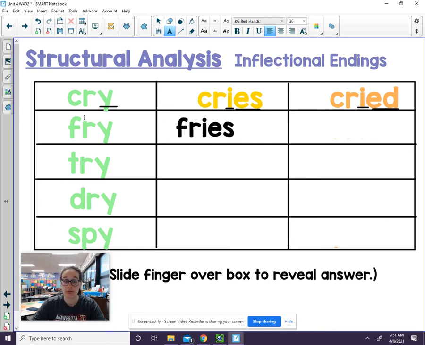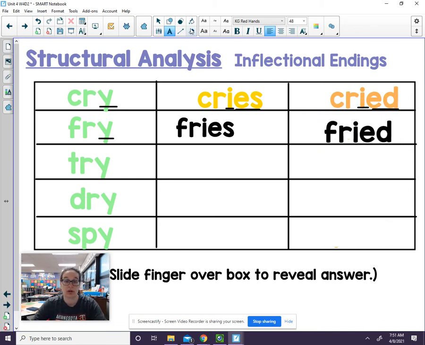What if I want to make it fried? Well, again, I'm going to change the Y to an I when I make fried. So it's F-R-I, and then it'll be E-D to make that past tense.